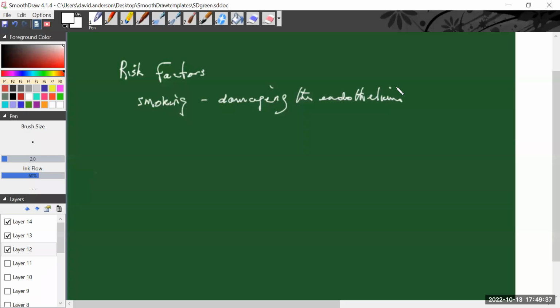So some of the additives to cigarette smoke have a direct effect on damaging the endothelium, and the smoke itself has a negative effect on the integrity of the endothelium. So in this respect, any kind of smoke, it could be campfire smoke, smoke from marijuana, smoke from tobacco, smog, any of those things will increase the risk for damaging the endothelium.